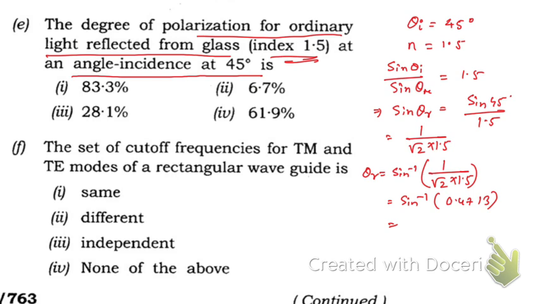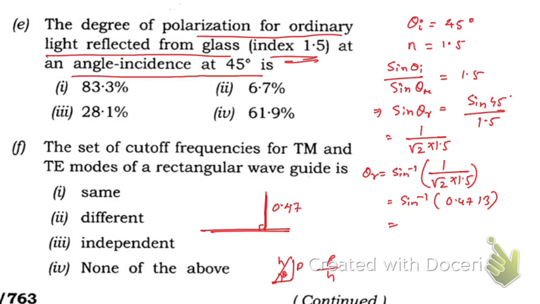We know that sine theta is equal to perpendicular by hypotenuse. So we have to draw a perpendicular on this line such that it is approximately equal to 4.713 centimeters.